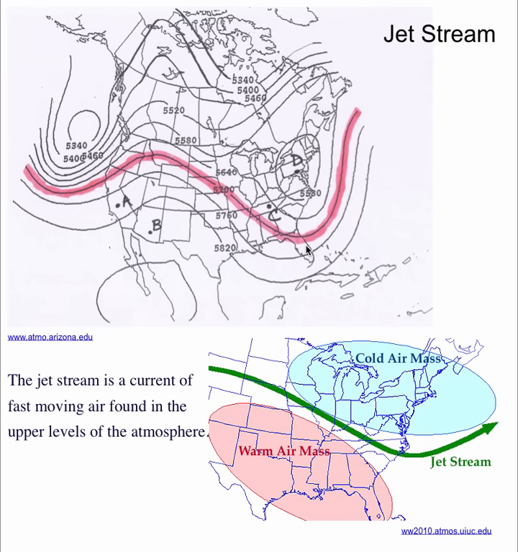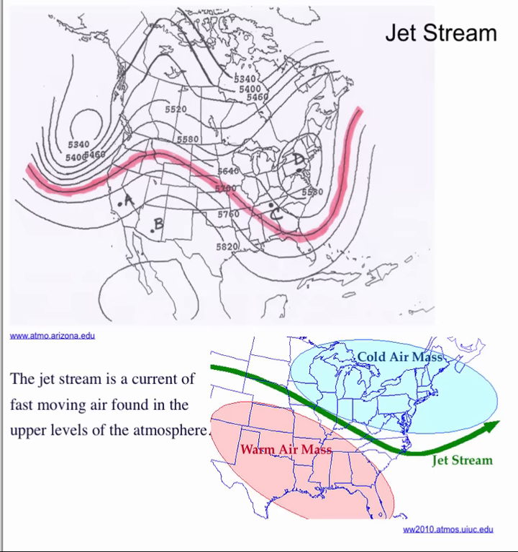So here you can kind of see that certain line that's highlighted in red is giving you a good idea of where there's big differences in temperature and where air masses are traveling above the jet stream and below the jet stream. So the jet stream is a current of fast moving air, and this is much higher up in the atmosphere, but it's what really helps to move air masses across the surface of the Earth.